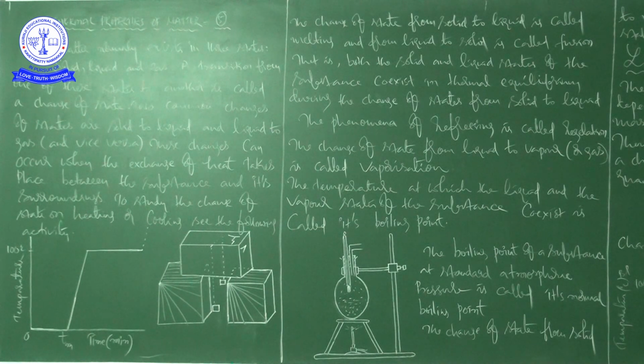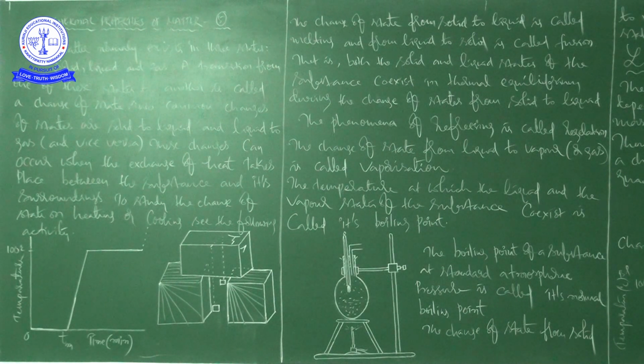Okay, now see, by taking one more activity, a round bottom flask more than half filled with water, and with the help of a burner and stand, we are going to observe vaporization. Already we observed from solid to liquid, but here we are going to observe from liquid to gaseous.